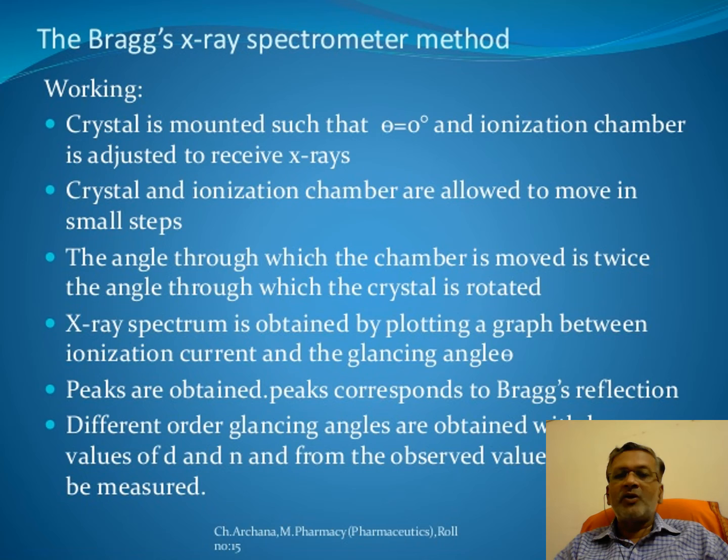The X-ray spectrum is obtained by plotting a graph between ionization current and the glancing angle theta. Peaks are obtained, which correspond to reflections. Different order glancing angles are obtained with values of interplanar spacing d and order of diffraction n. From the observed values, we can determine the crystal structure exactly.